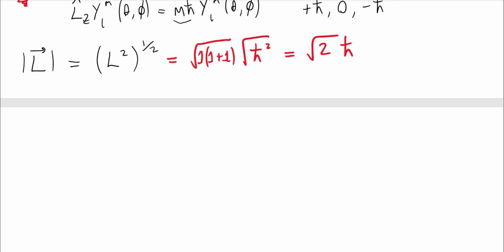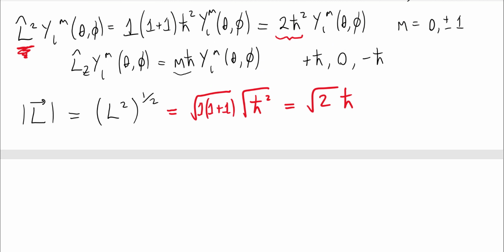As I said before, we also know these eigenvalues for the angular momentum in the z direction. What we can also see is that h bar is less than the square root of 2 times h bar. So the angular momentum in the z direction is always less than the total angular momentum, square root of 2 h bar.